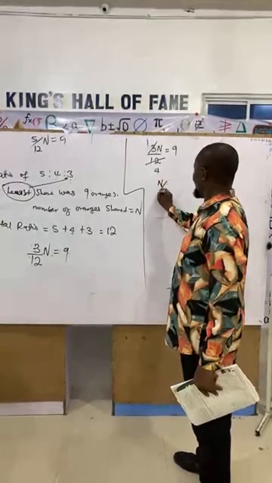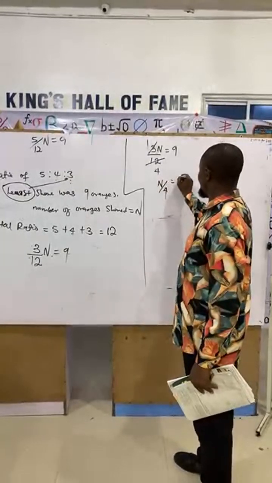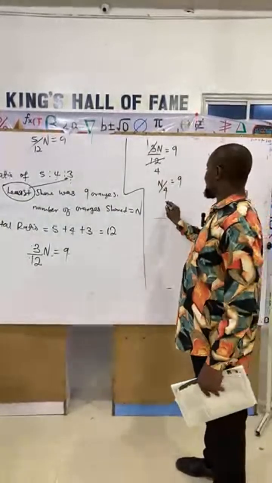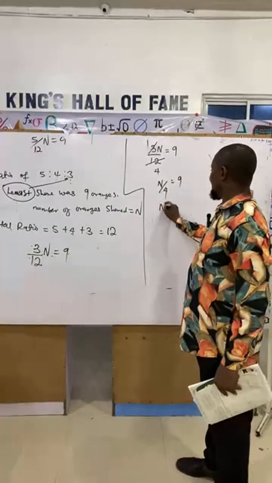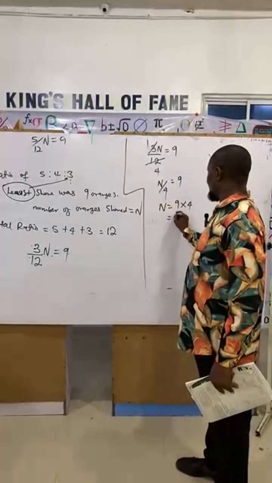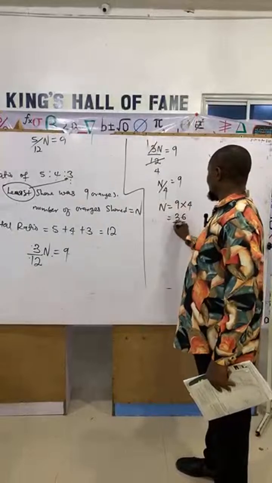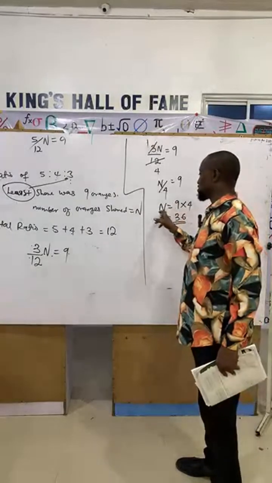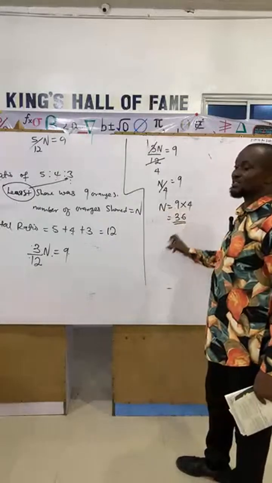So therefore n over 4 will now be equal to 9. What do you have next? You can multiply. That n will now be 9 times 4, which gives us 36. 9 times 4 is 36. So the n, the number of oranges shared, is 36.